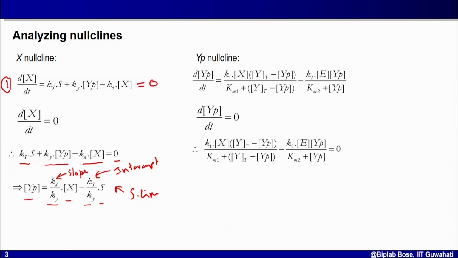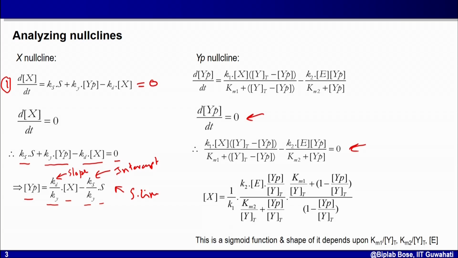Now look into the y nullcline. The dyp/dt, the ODE for yp, is exactly the same as we have done for the negative feedback earlier in the earlier module. So I will not go into much detail of it. You can simply consider for y nullcline dyp/dt equal to 0. Then you can do algebraic rearrangement so that you get that ODE equal to 0. Now I want to keep yp and x on one side. So here it will be easier if we keep x on one side and everything else on the other side. This you must have seen in the earlier module.